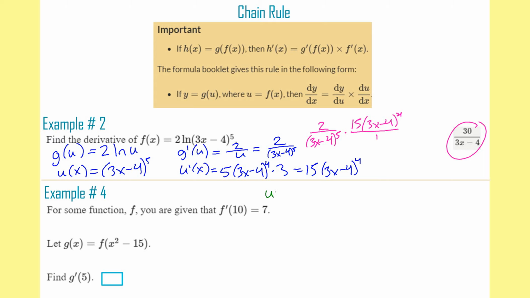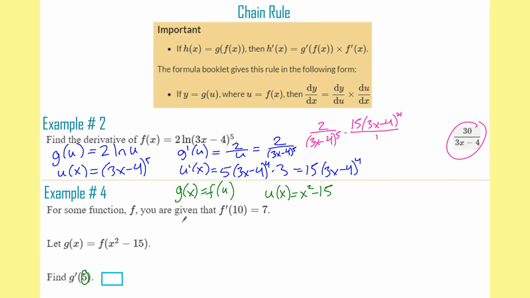So we're going to let u of x be x squared minus 15, and our g of x is just plugging that in. Okay, it's f of u. So now we take the derivatives. So we want the derivative of the big function. So just the derivative of f, oh, well, when it's 5, right? We're plugging in 5.